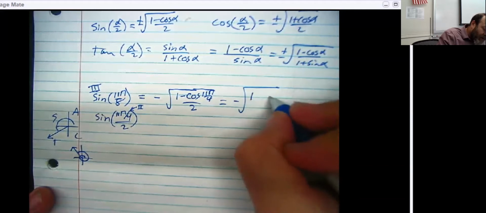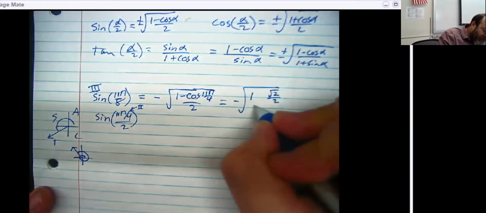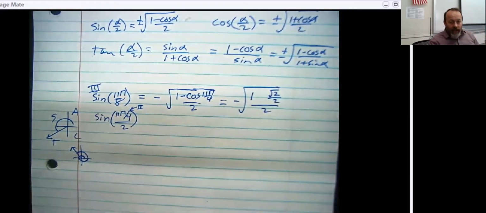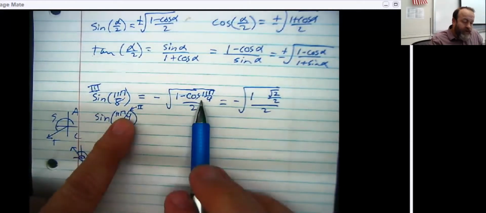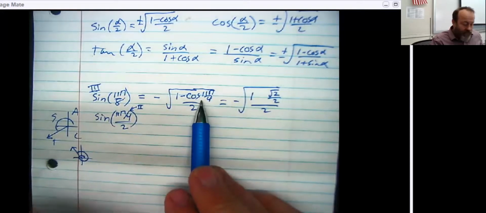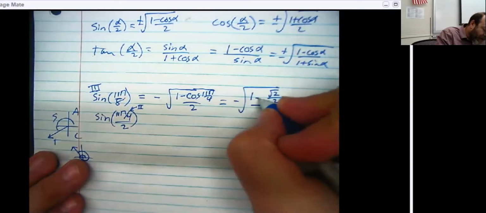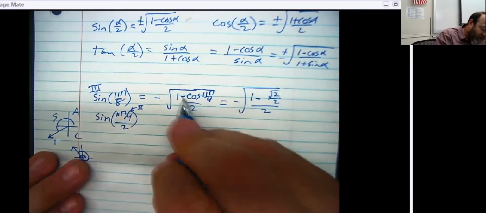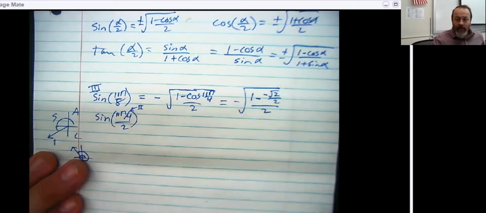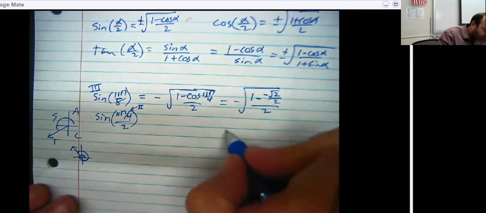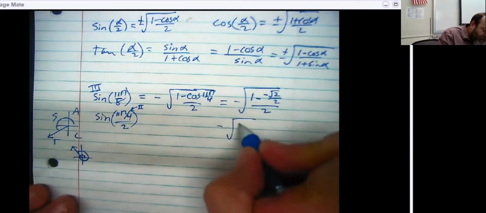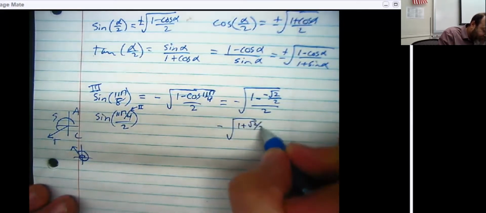Now, I know that the cosine of any kind of answer is root 2 over 2, but since this is in the second quadrant, the cosine itself is negative. So I'm going to subtract from the formula a negative from the unit circle. So that's kind of a double negative story. So when it's all put together, we end up with this story right here.